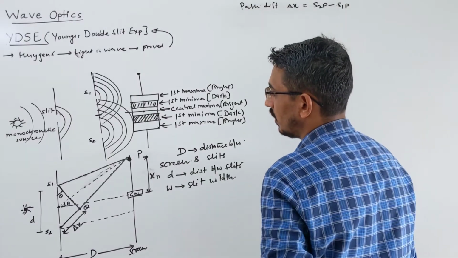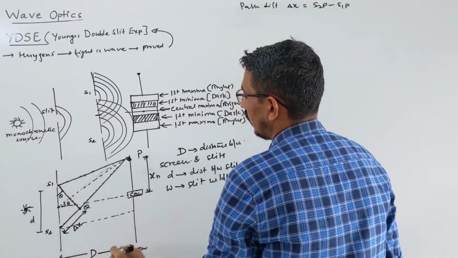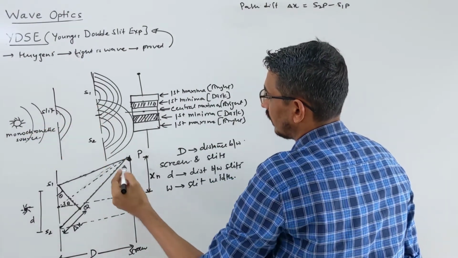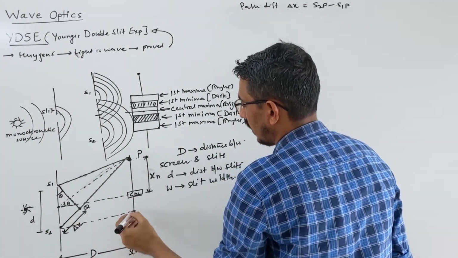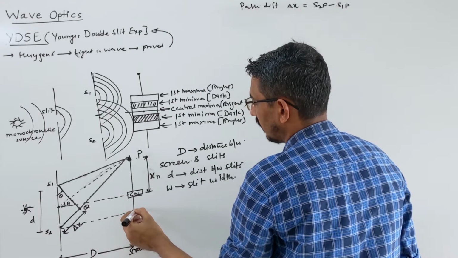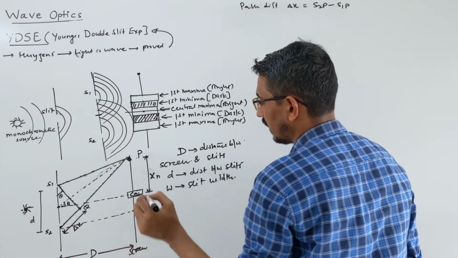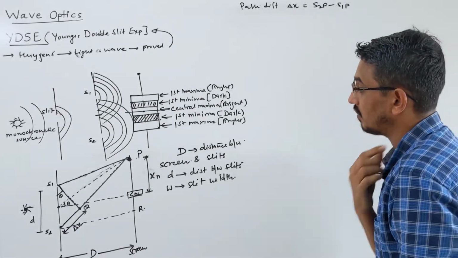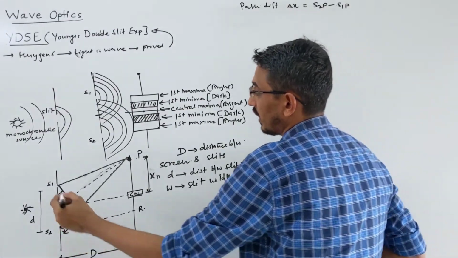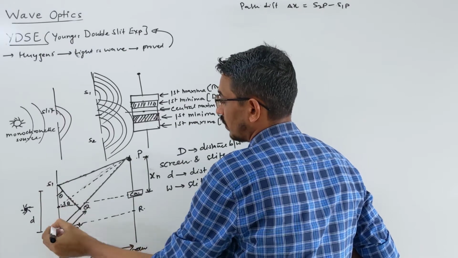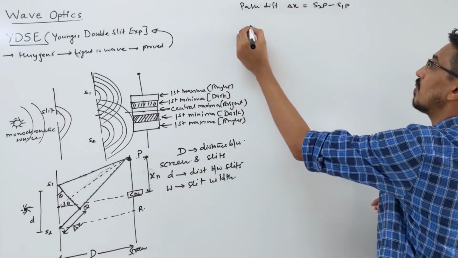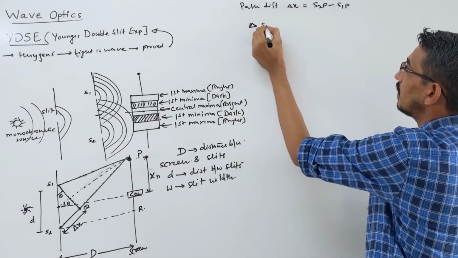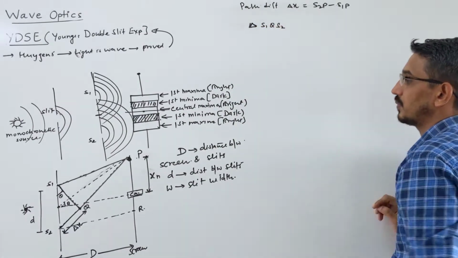So let's see the geometry now. We want to calculate the path difference del x. One small triangle you have here is S1, Q, and S2.